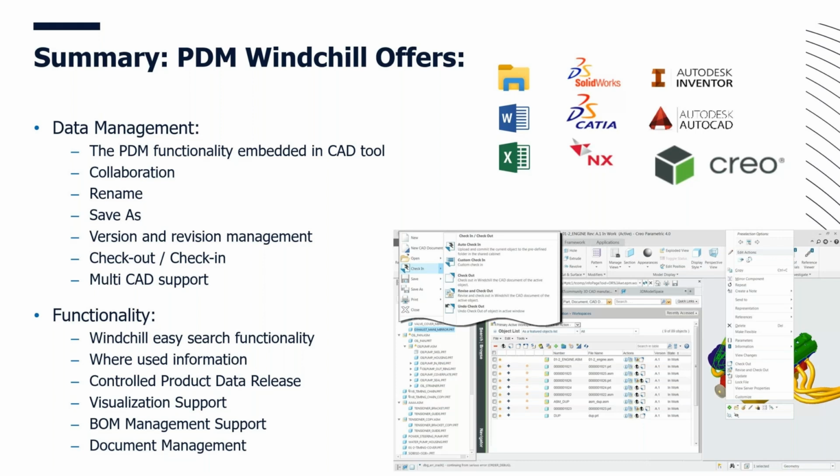And when you start with PDM Windchill, you have other functionalities such as the easy search functionality, where you use the information of an object, controlled product data released. There's visualization support, and you can create bill of materials. And last but not least, the ability to manage your documents within Windchill.